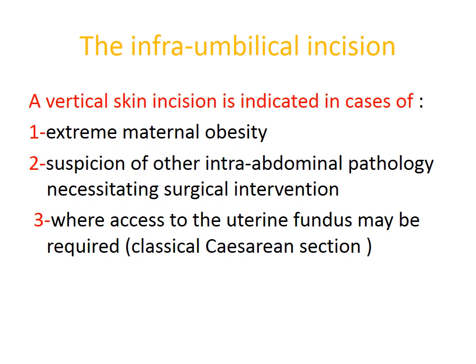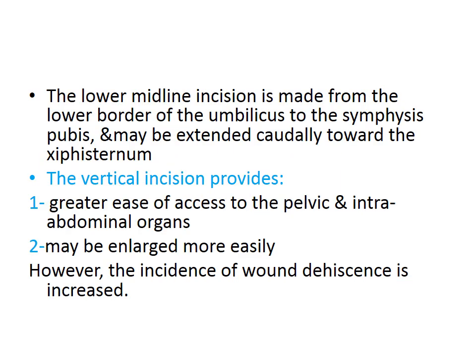So, when a classical Caesarean section is intended, an infra-umbilical skin incision is preferred over the Pfannenstiel one. How is it done? This should be started by incising the abdominal wall in the midline, starting from below the umbilicus downward to the symphysis pubis.